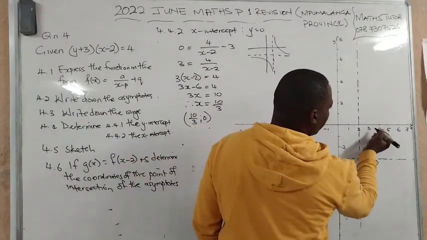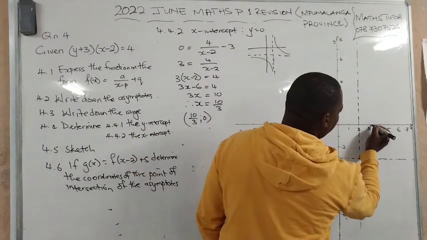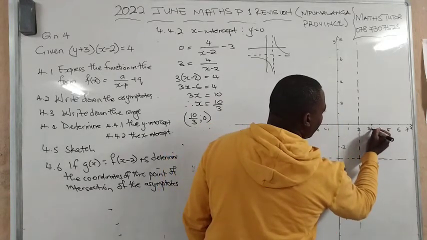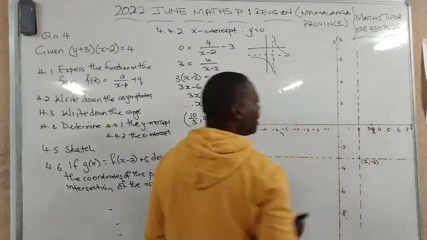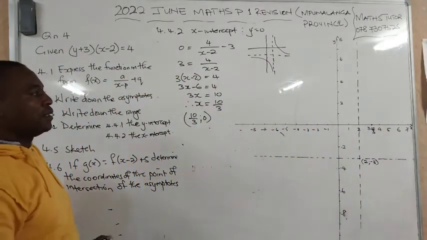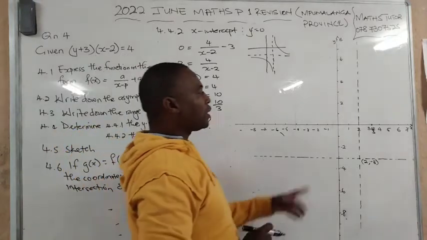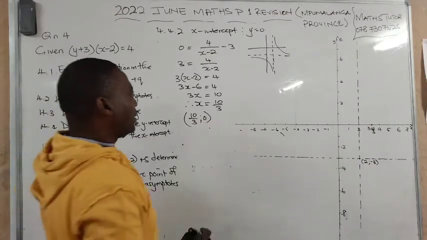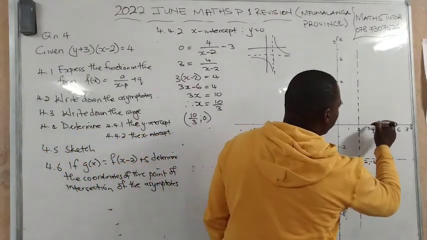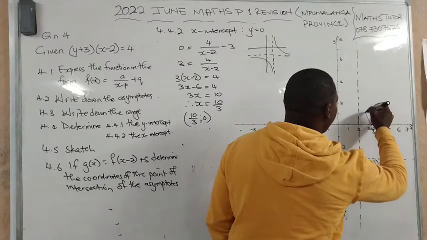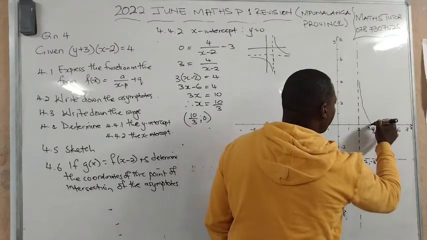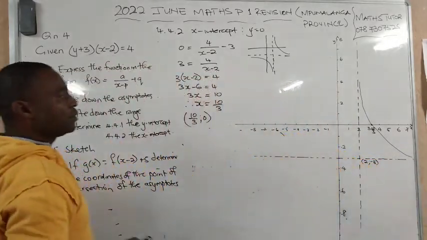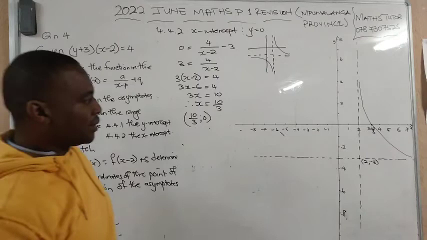So 10 over 3, that's 3.33. So we can put it there. And at times it's good to label so that the one who will be marking will definitely know that you knew what you were doing. And then thereafter, we have said the graph will be going towards the asymptote, though it will never touch or cut it.